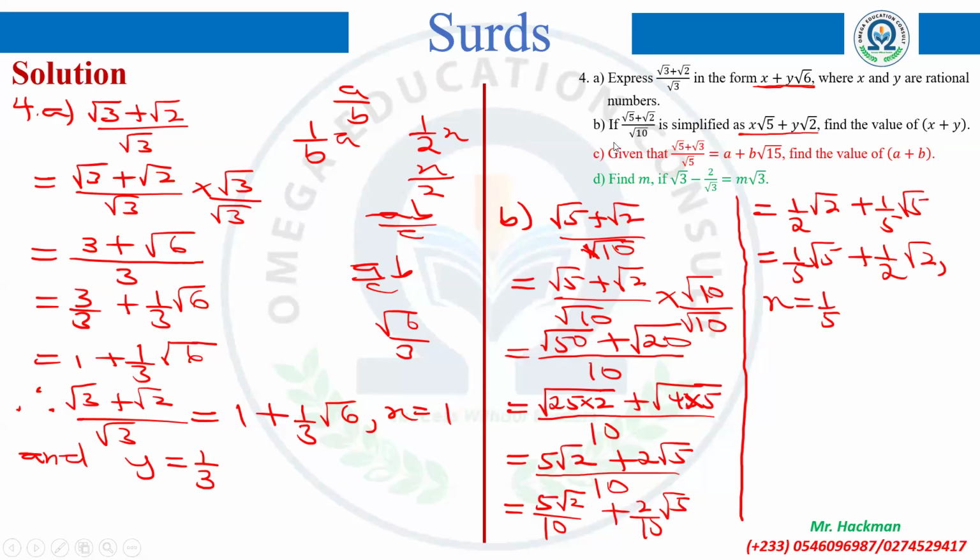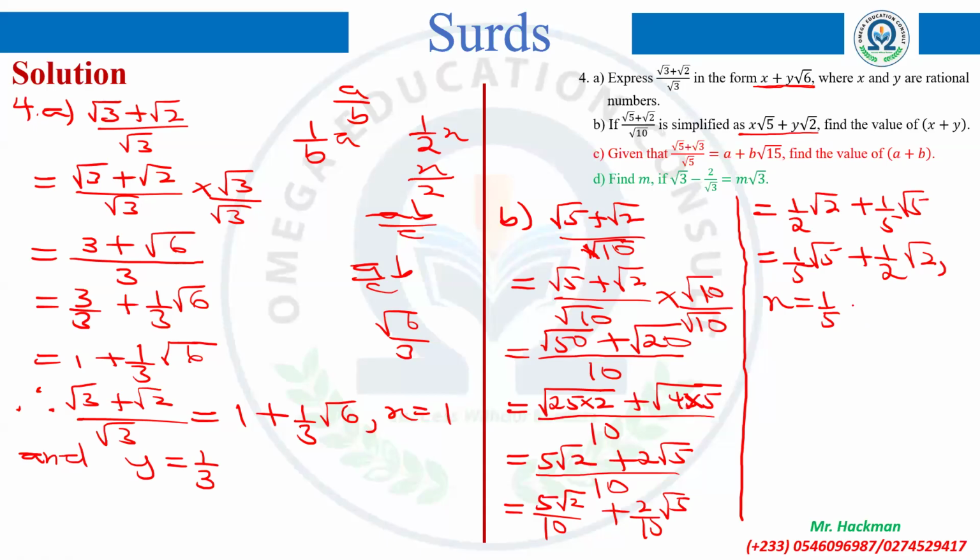If the question said, express this in the form this, hence find this, it means the question directly is in 2-in-1: first express it in that form, and secondly find the value of x plus y. But here, because the question specifically did not ask us to leave it in this form, we can choose not to draw our conclusion there because it wasn't a direct question. It's only a means to an end. You get it?